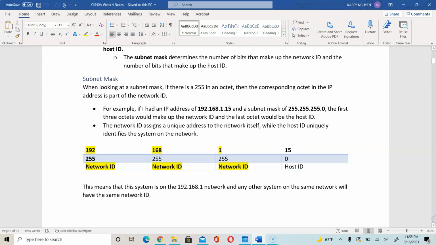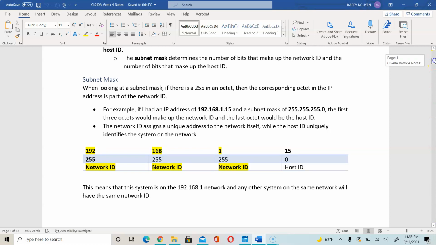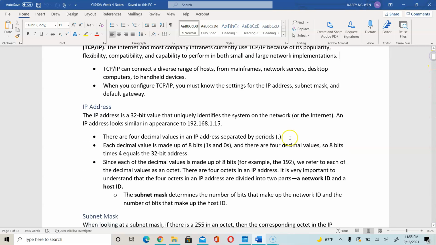For IP version 4, you will see on page 1 that an IPv4 address contains 32 bits, and each of the values before the period or dot is referred to as an octet. Each octet is 8 bits, so when we have 4 octets, we have 32 bits.